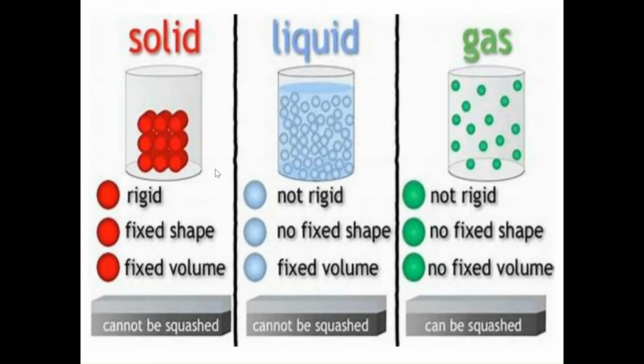Something about liquids is that here the atoms are not as rigid, because these atoms are able to move around freely. They're able to move around more than they can with solids. Here, they have no fixed shape, so they're able to take the shape of their container. They do have a fixed volume, because if I start off with 30 atoms, I still have those 30 atoms no matter what container I put it in.